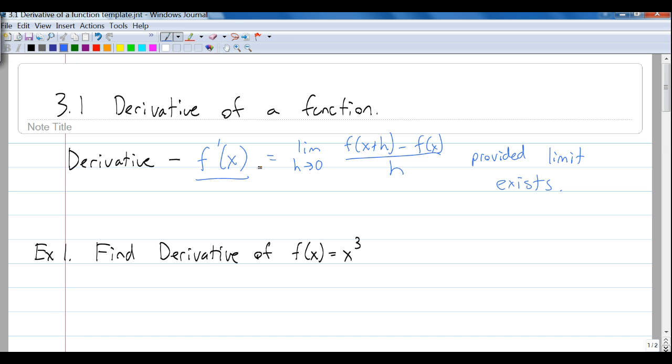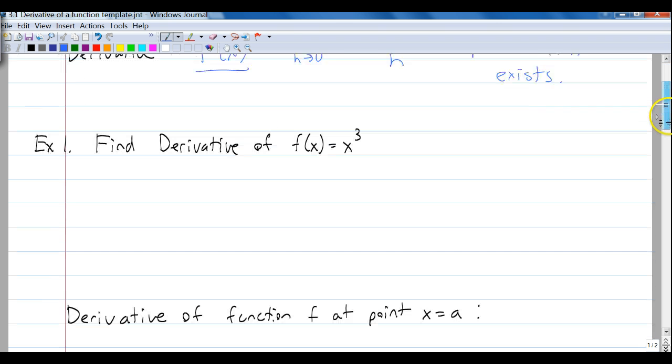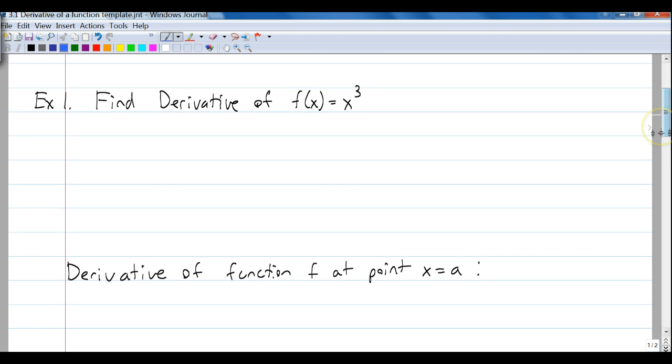So find the derivative, or find f prime of x, when f of x is equal to x cubed. Okay, so we're just going to go through our limit quotient. So I know f prime of x is equal to the limit as h approaches 0 of f of x plus h, which is x plus h cubed, minus f of x, which is x cubed, all over h.